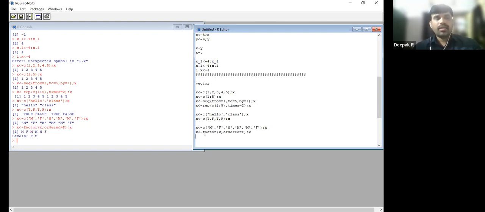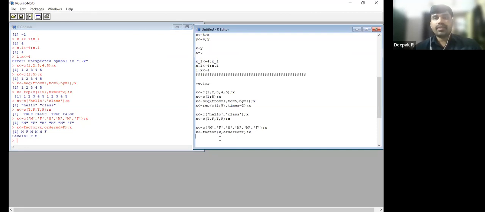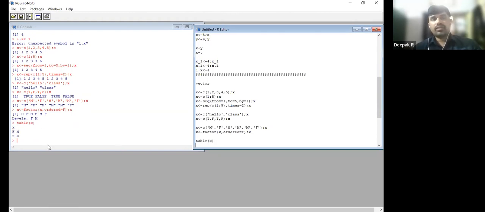So if I say this is nothing but order, it will understand that the text values are discrete in nature, and it has got 2 levels. And if I go for a table function, you will notice that it understands that there are 2 female and 4 males.